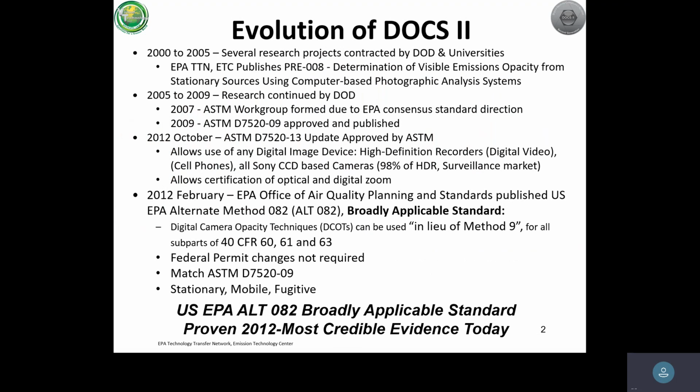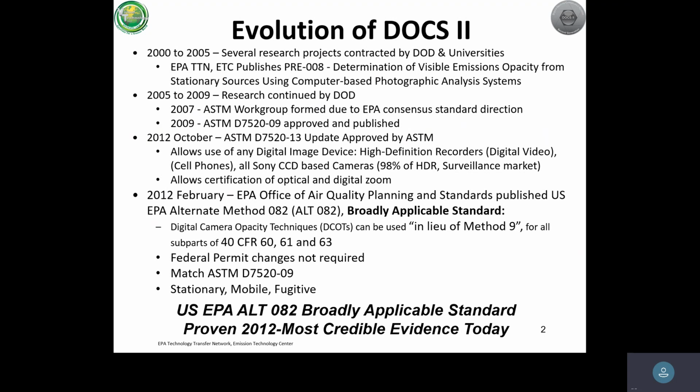Evolution of the standard, and I won't go through all of this in detail because it takes too long and it's too boring and nobody really wants to know. So the highlighted part on the bottom is really the bullet message, but we started back in 2000. We went through the technology transfer network. We created a standard called ASTM D7520-09, which was originally published back then.